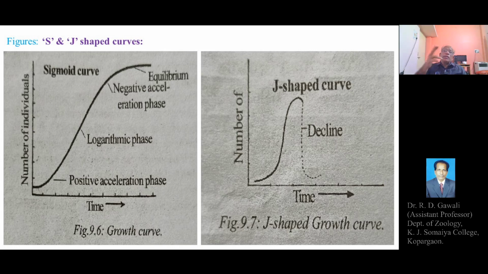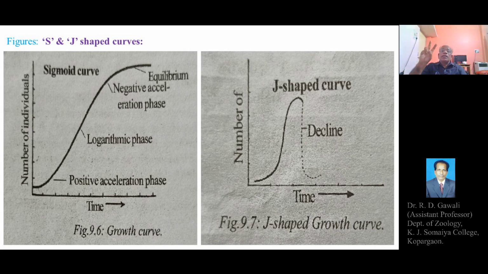They show such a growth pattern, where in the initial phase the number of organisms in a population increases very rapidly, reaches the maximum, and stops abruptly. After that there is again a sudden decrease in the number of individuals, and the population size decreases rapidly, and may reach zero or a minimum level, with only a few organisms remaining, representing the J-shaped curve.